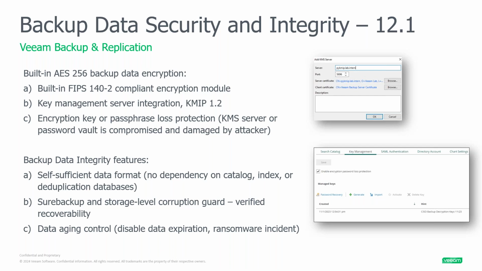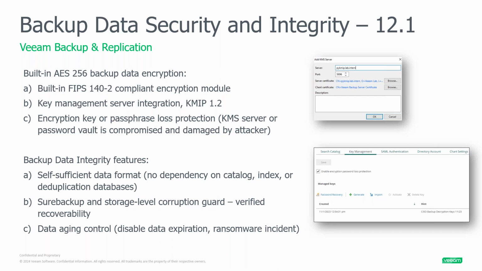But of course, there are also backup data integrity features that were enhanced in 12.1. For example, a self-sufficient data format, so you don't rely on dependency on catalog, indexing, or deduplication database. We also have backup and storage-level corruption guard so that you can verify recoverability.